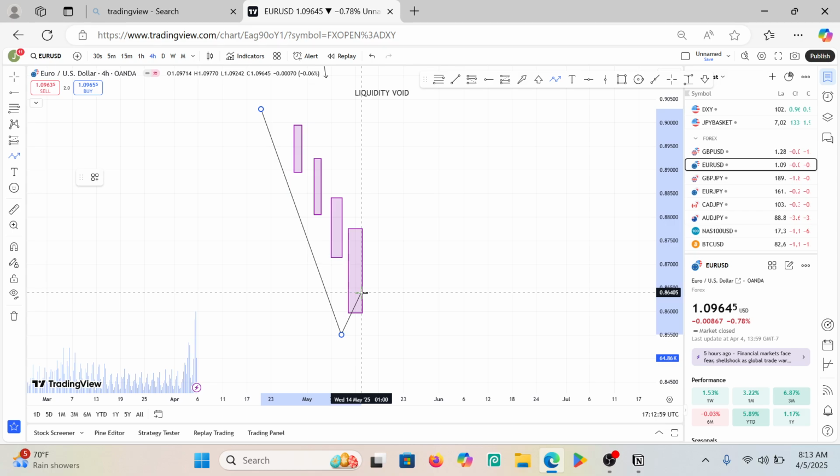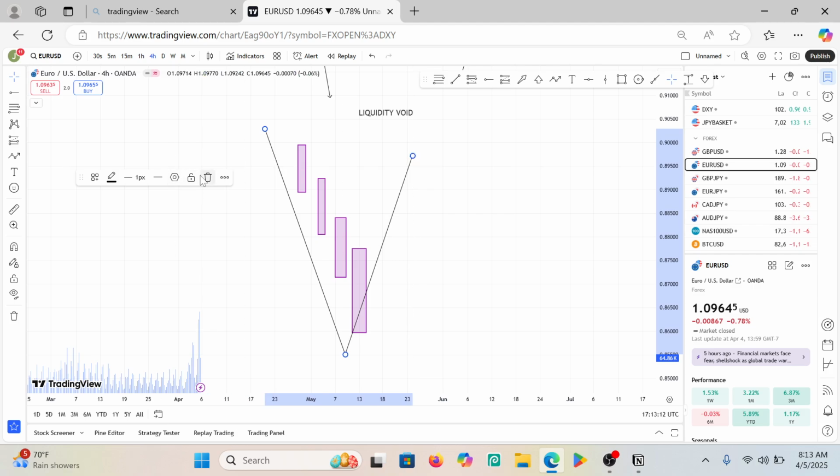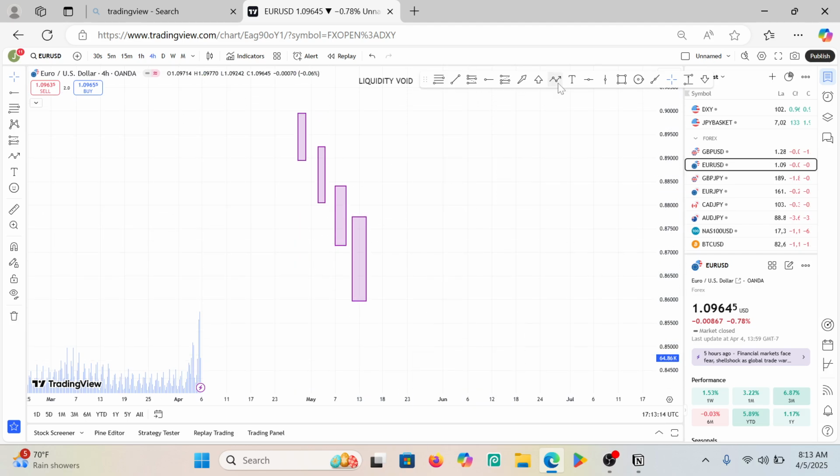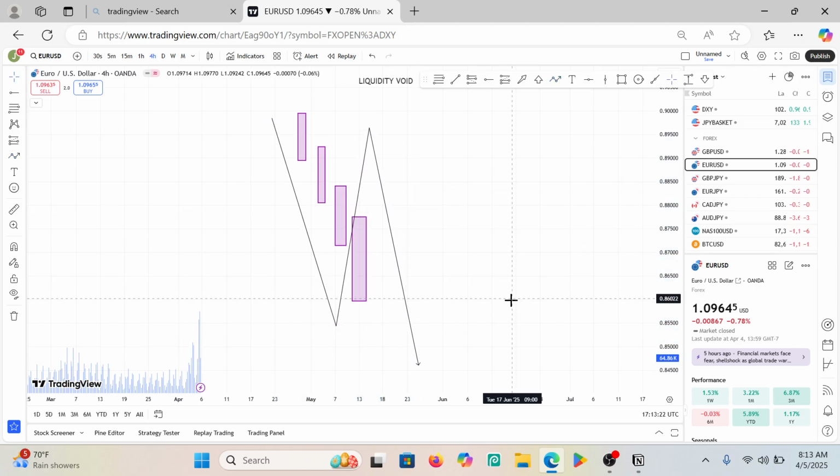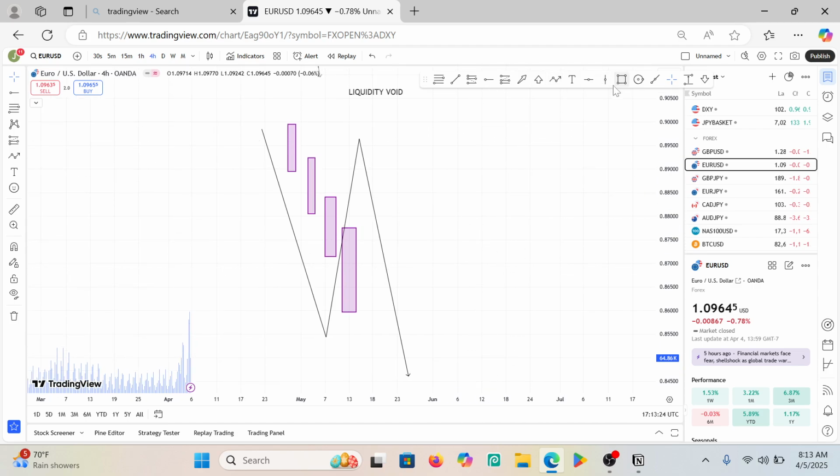After some days or hours, the market will pull back and come and fill up these voids. After filling it, it will move on in the same direction. The market came aggressively, but it will fill, then move in the same direction.